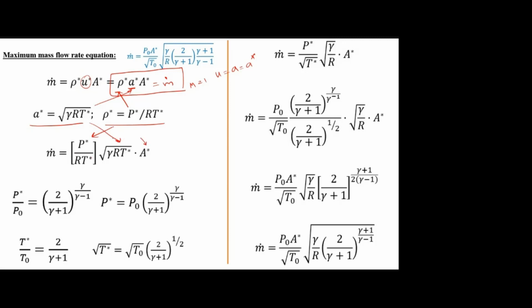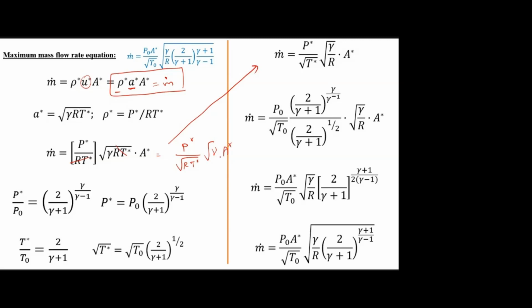Now further if you simplify, the root RT here gets cancelled. So the remaining you will get is this term, that is P star divided by root of RT star into root of gamma A star.